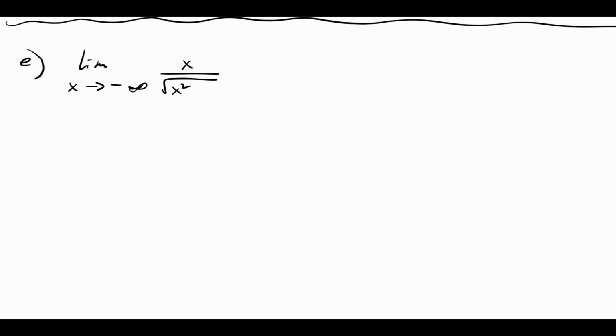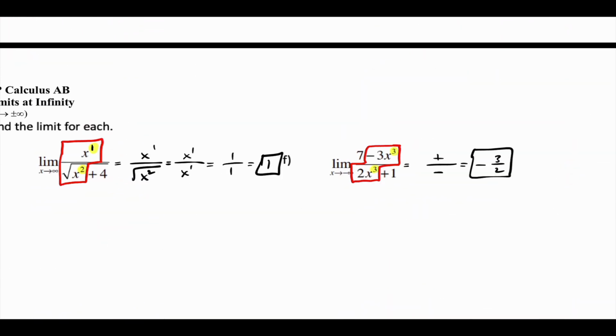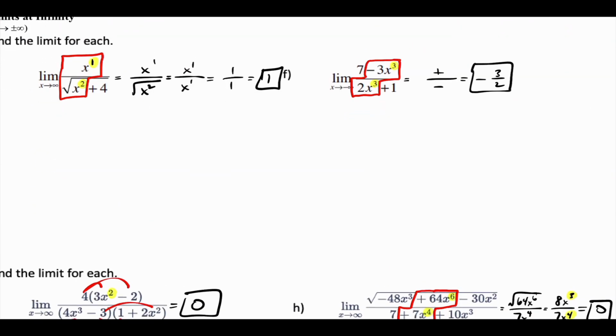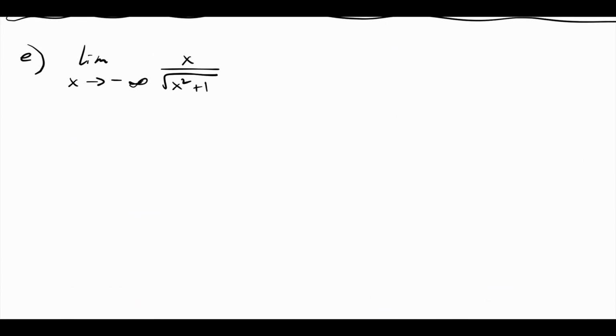Wait, did I give you this one already? Root x squared plus 4. Let me change it then. Still negative infinity, but let me change it a little bit: x to the 4th minus 1, square root, over x cubed minus 1.